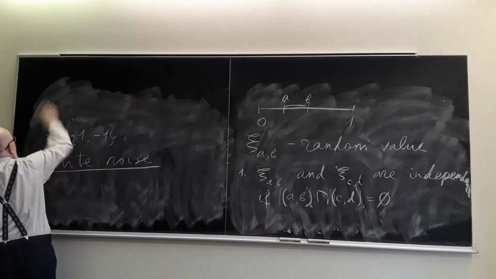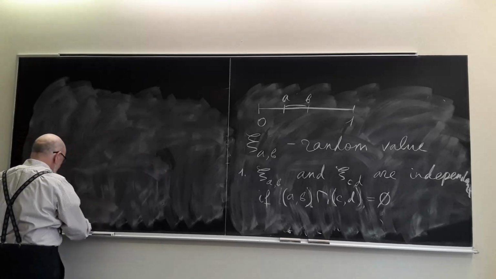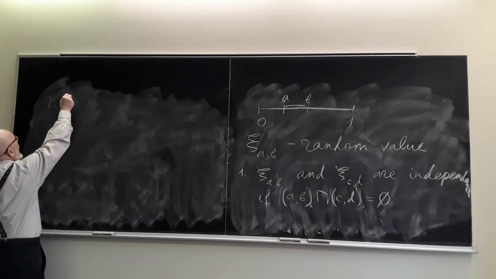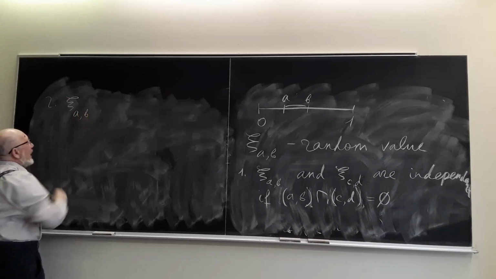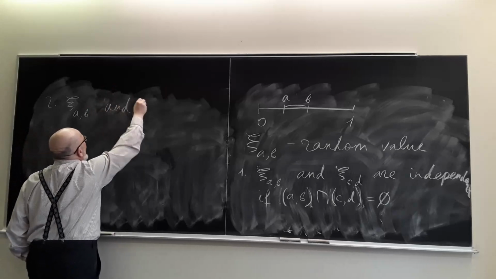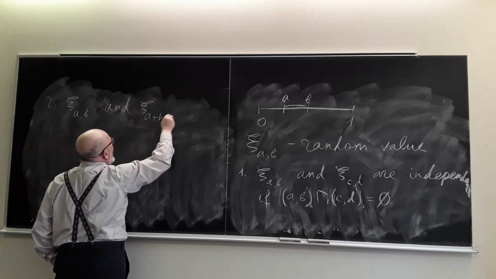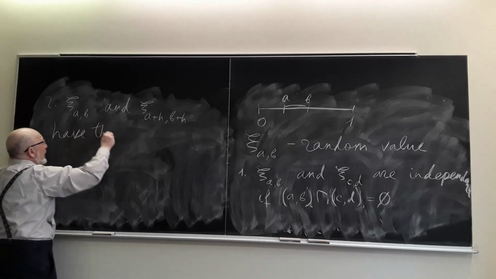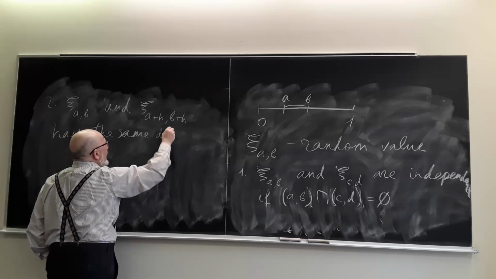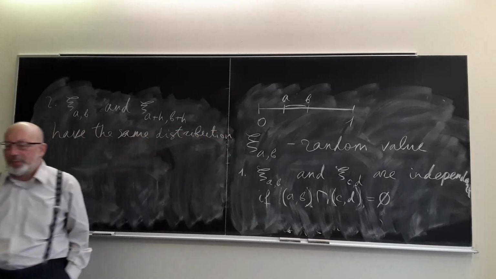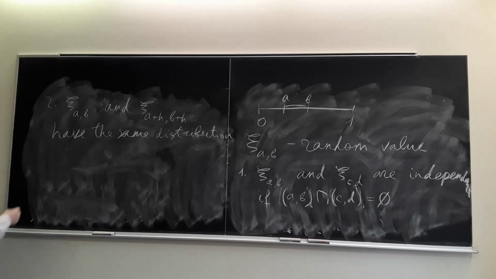Second, psi AB and psi A plus H, B plus H have the same distribution, so they are equally distributed. And how are they distributed?